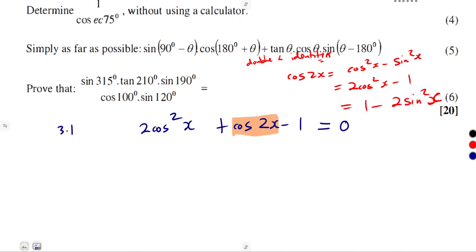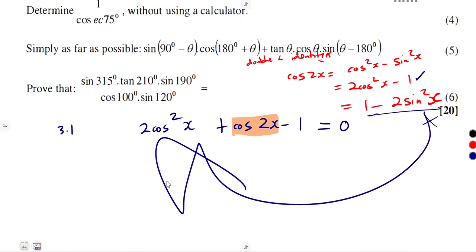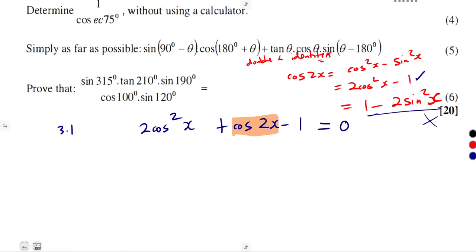The second one is in terms of cos squared, exactly what we have there. The third one is in terms of sine. Why complicate things by bringing in a sine where there's a cos? So the best is this one, 2 cos squared x minus 1.